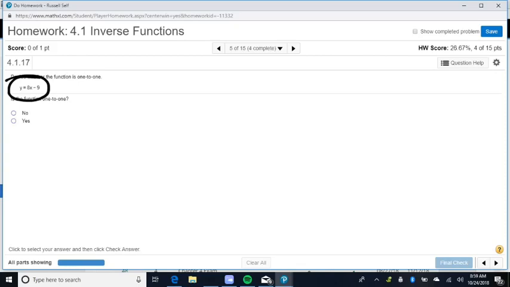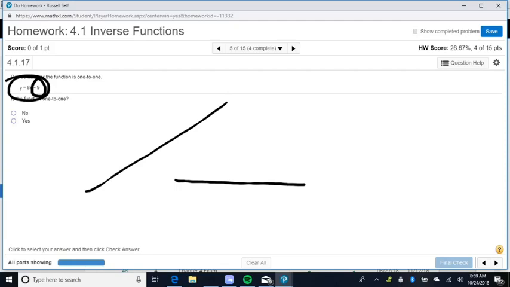Well, I don't know what that line is doing, but I know from experience that that is a linear equation, which is a straight line. And there is no way that you can hit a straight line more than once, whether vertical or horizontal, unless it is a horizontal line. Okay? And we know if it has anything added to or subtracted from it, it can't be a horizontal line.